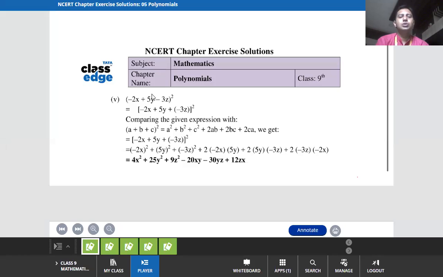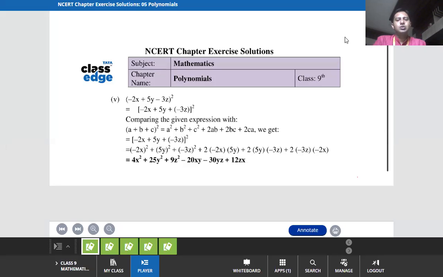So in this question, we'll equate the question with a plus b plus c whole square is equal to a square plus b square plus c square plus twice ab plus twice bc plus twice ca. We'll substitute the values of a, b, c as minus 2x, 5y and minus 3z. While substituting values, we'll get minus 2x whole square instead of a square. In place of b square, we'll write 5y whole square. In place of c square, we'll write minus 3z whole square.